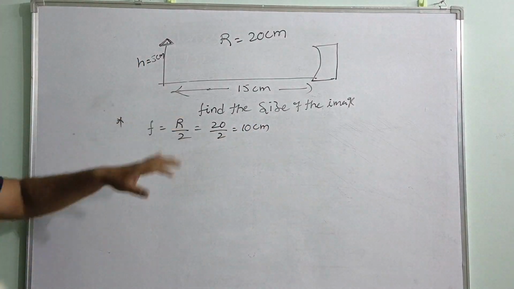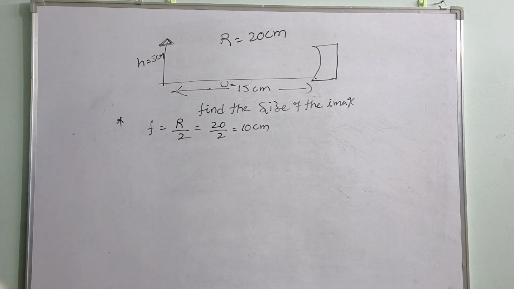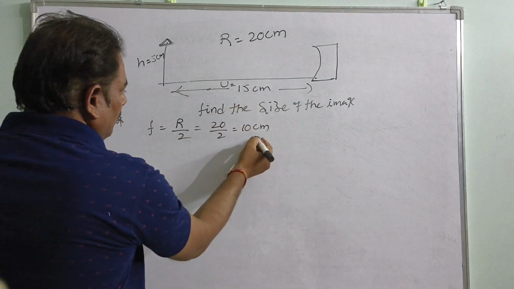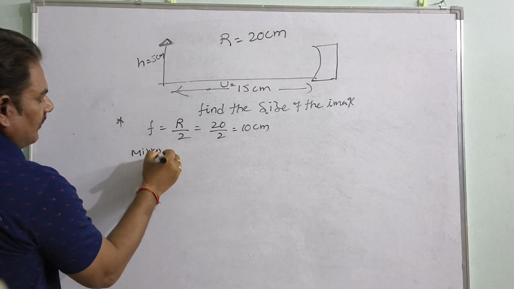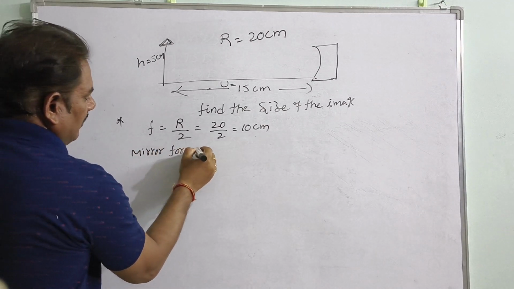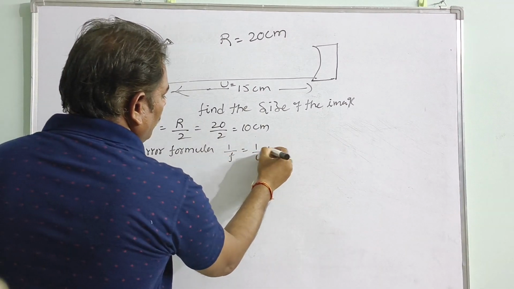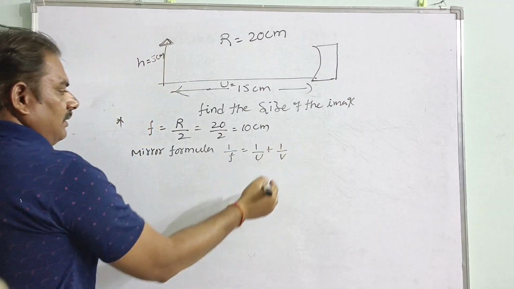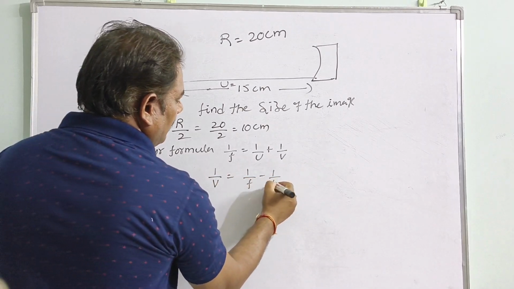So we know the values, u equal to 15 centimeters and f equal to 10 centimeters. Mirror formula: 1 by f equal to 1 by u plus 1 by v. From this 1 by v is equal to 1 by f minus 1 by u.